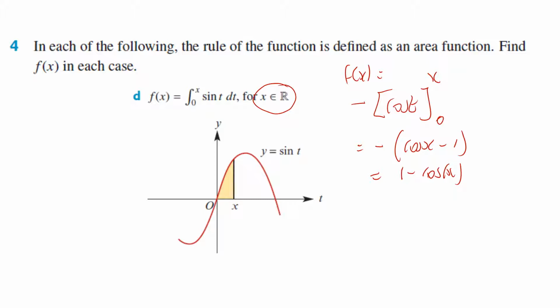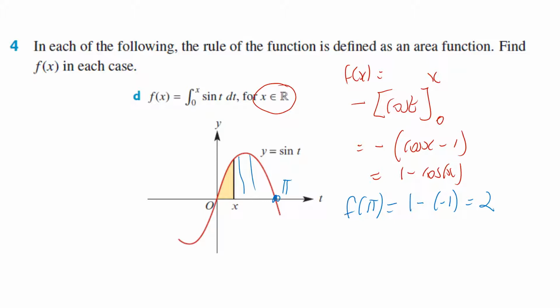As x is growing larger and larger, clearly this point here is pi. As x grows from 0 to pi, f of pi will be 1 minus minus 1, which is 2, so it's reaching its maximum net signed area.